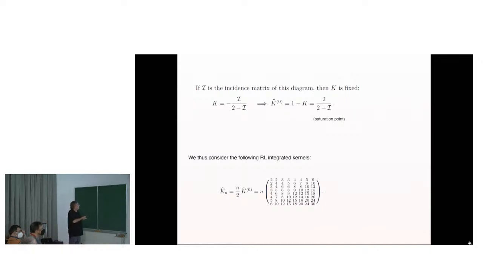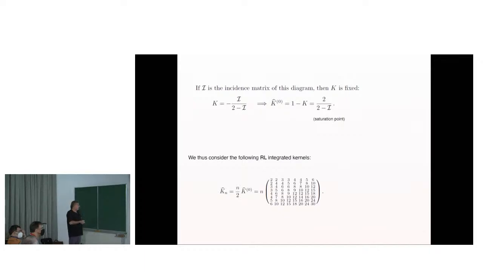So let's look at this. The saturation point, the K hat, was just, remember, 1 minus K, which is 2 over 2 minus I. So that's going to give the maximum central charge. But since all the elements have to be half integers, you start reducing the number of CDD factors.